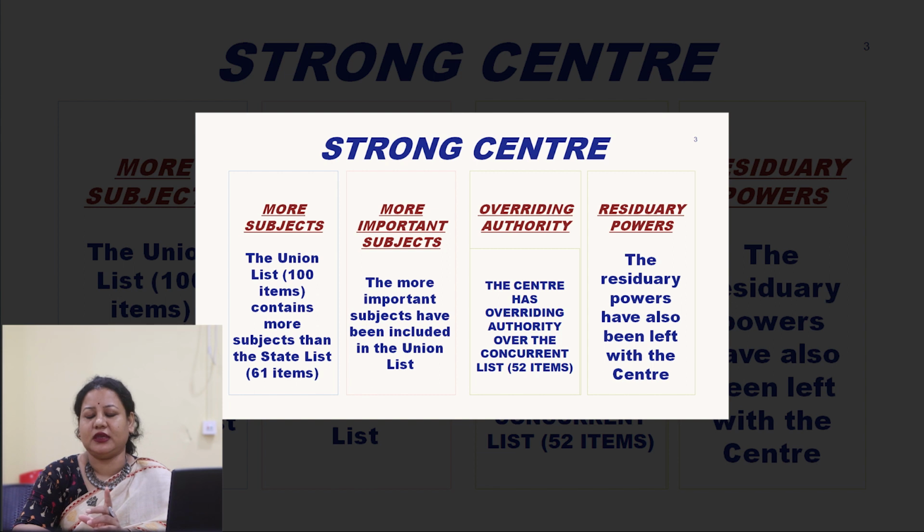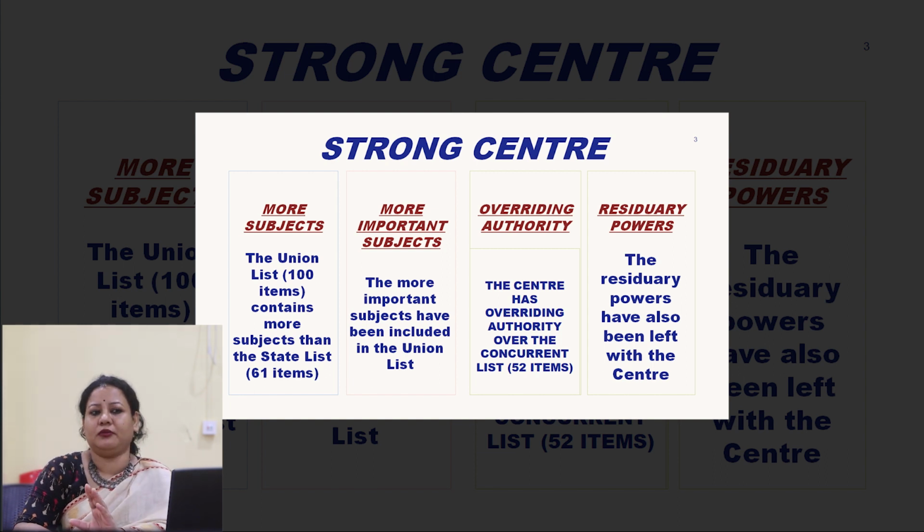Number one, the first point, the union list. The union list currently contains 98 subjects. Okay, originally 97. So here I would like to tell you one thing. Please note it down. The question may come that how many subjects or how many items are there in the union list currently.